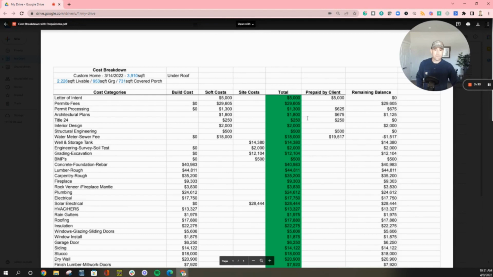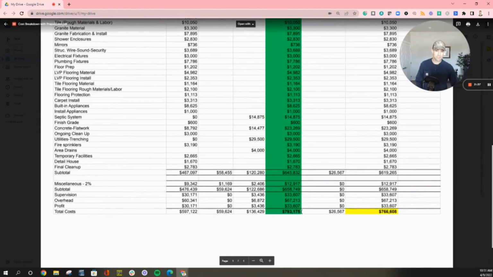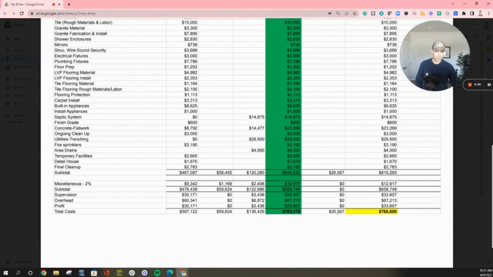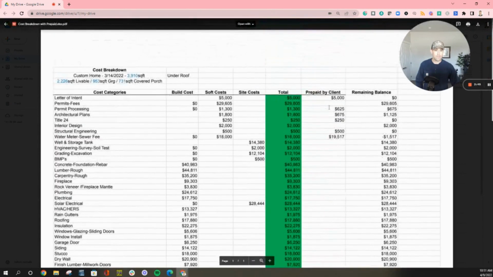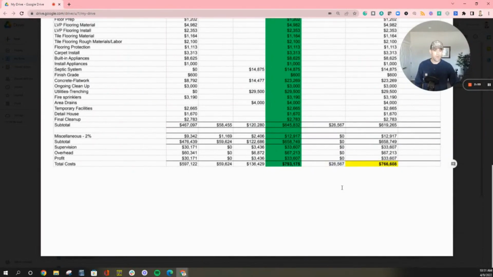And then we come over here, and the lender's going to look at this total cost right here. He's going to look at the 793, and then he's going to look at this prepaid total. This particular person had paid $26,567 on the front end of prepaid items for this project. So what the lender will do is look at these prepaids, and now they're going to reduce the down payment by this amount here.